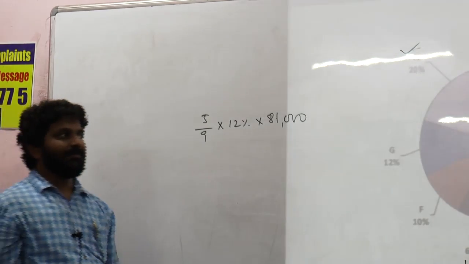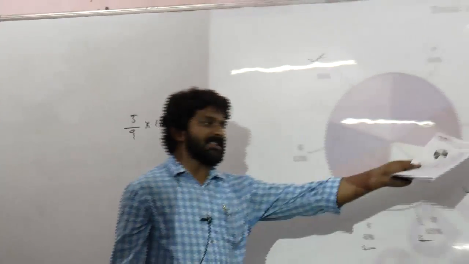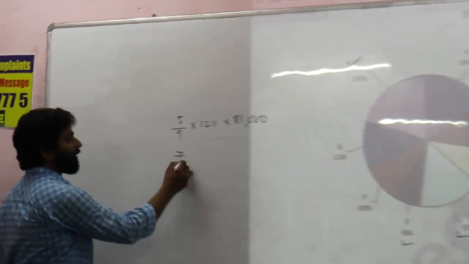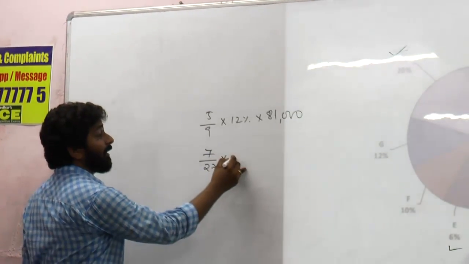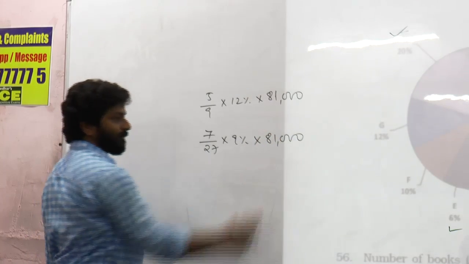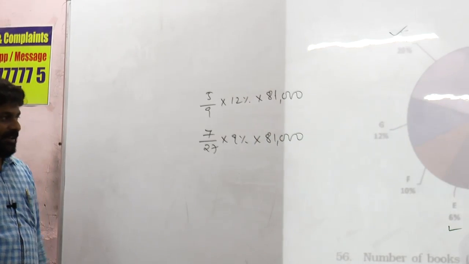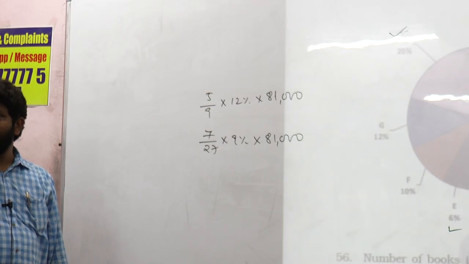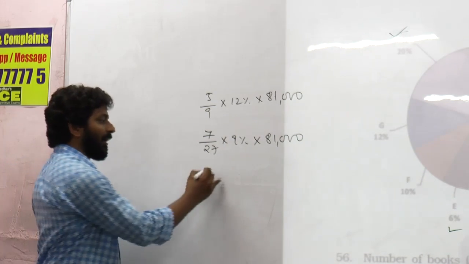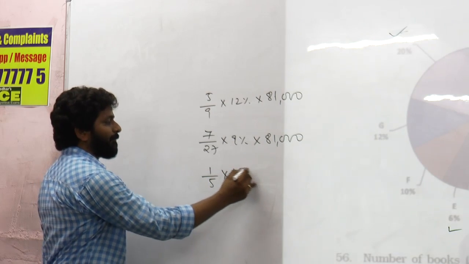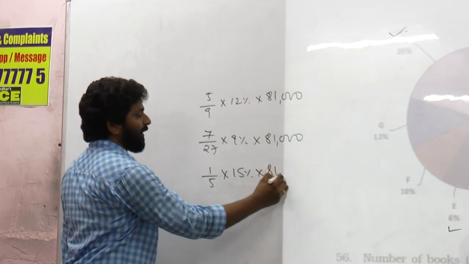And from C, total we have 27 parts, and non-academic books are 7 parts out of 27 among 9% of 81,000. Next D, 4:1, 5 parts and 1 part out of 5 parts among 15% and out of 81,000.